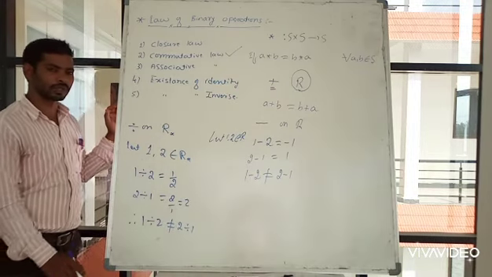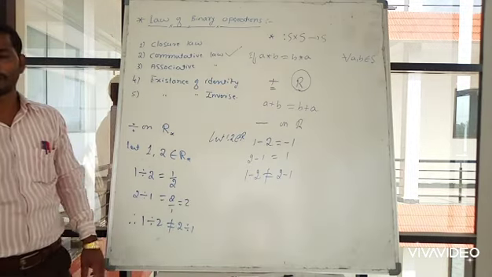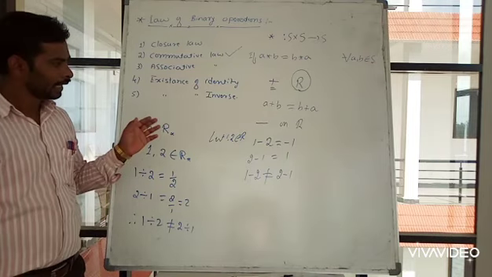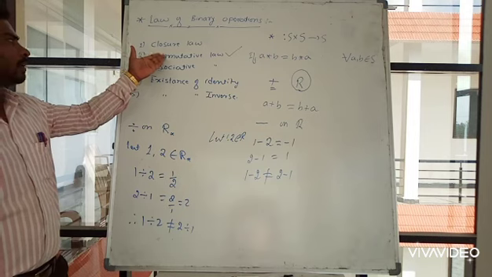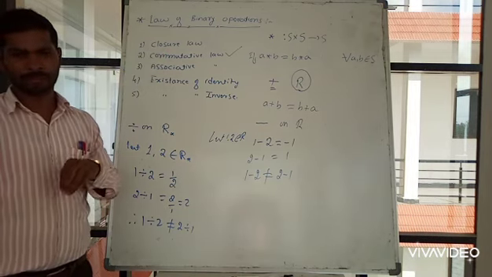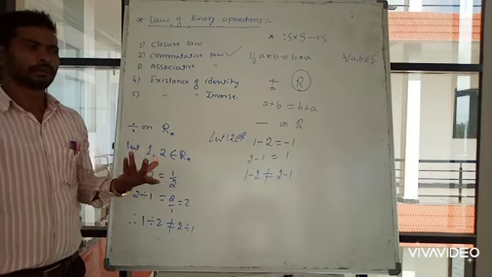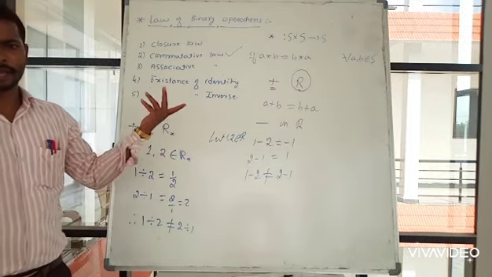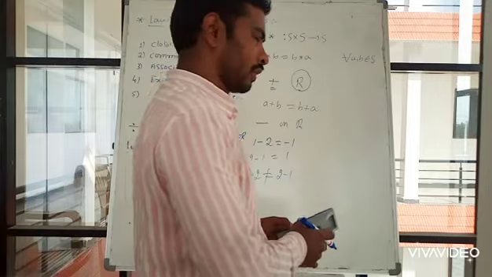Therefore the division operation on the set of all non-zero real numbers is not a commutative binary operation. In this way, the commutative law can be verified, and you can verify it for any operation.